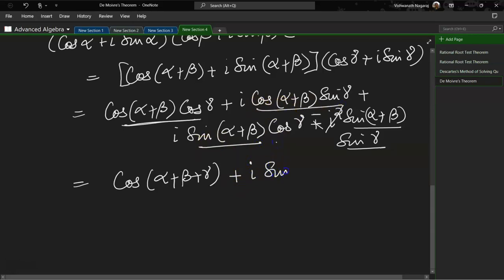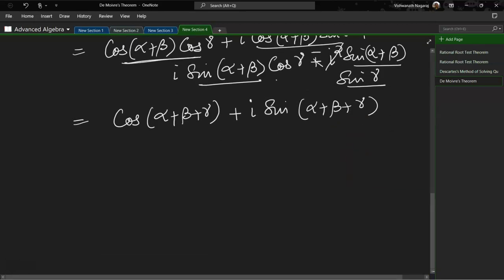We get sin of alpha plus beta plus gamma. Now if we add one more factor, what will happen? We will end up with cos of alpha plus beta plus gamma plus delta. Similarly here, alpha plus beta plus gamma plus delta.